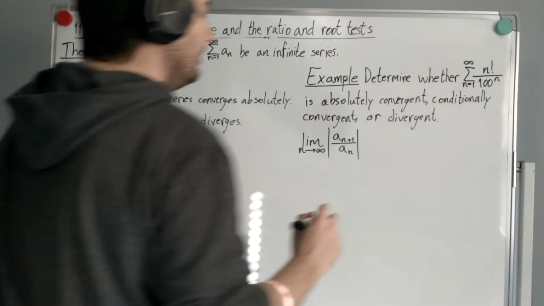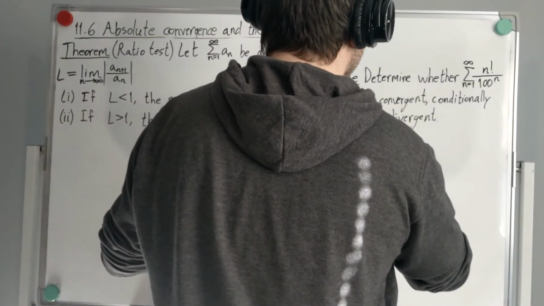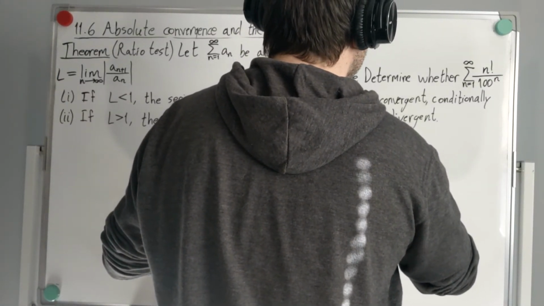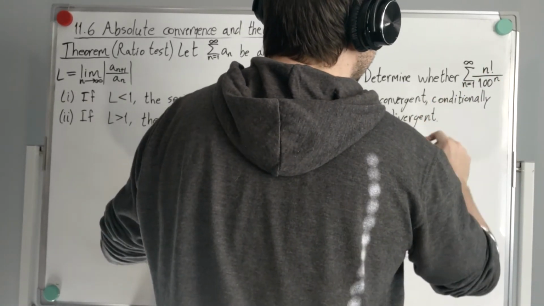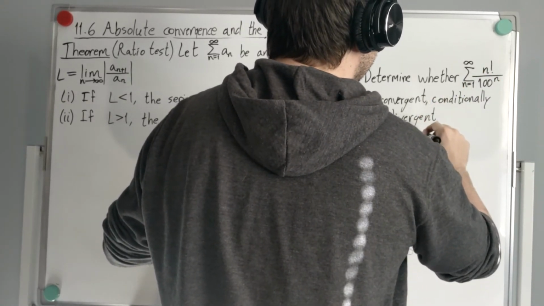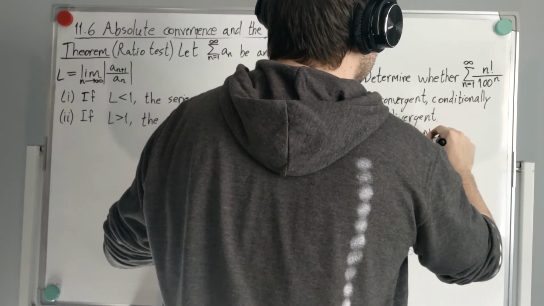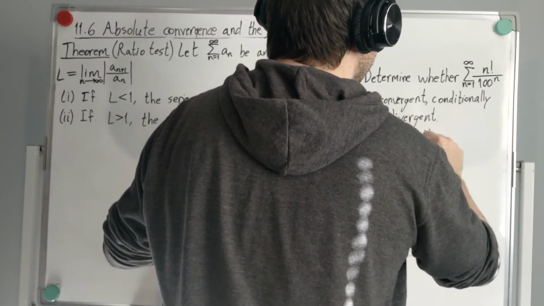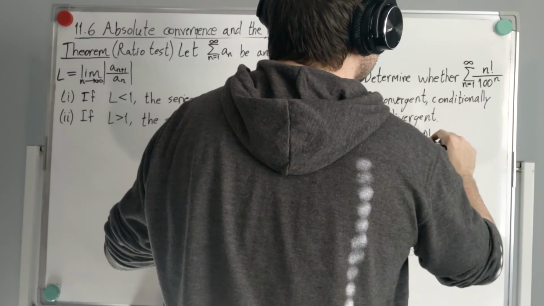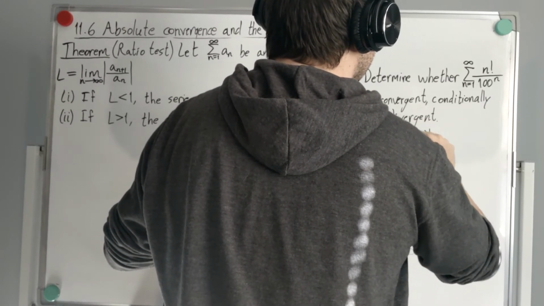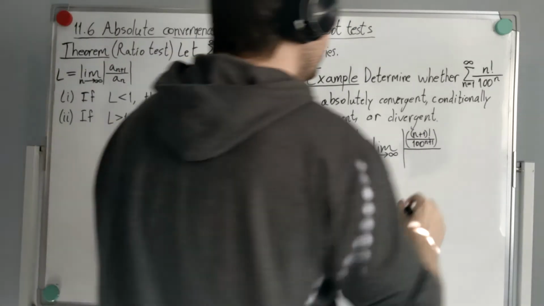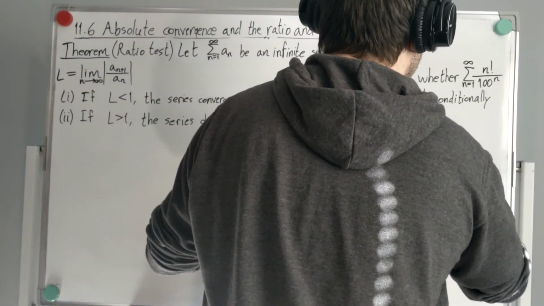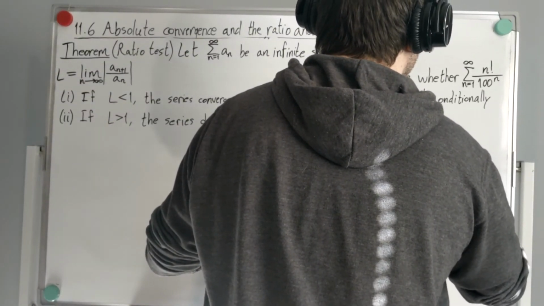So what that literally means is we're going to take the limit as n approaches infinity. The n plus first term is going to be on top, so that's n plus 1 factorial divided by 100 raised to the n plus 1. All of this is divided by n factorial divided by 100 raised to the n.